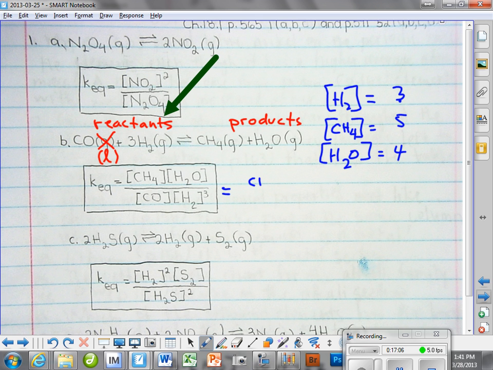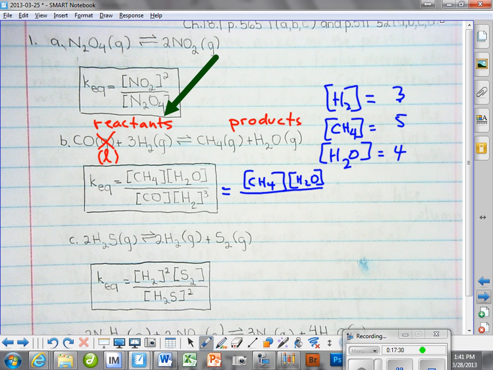Okay, so we have CH4 on top. What's the exponent for CH4? Oh, there's none. And water, there's none. Those guys are on top because they're the right side of the equation, correct?